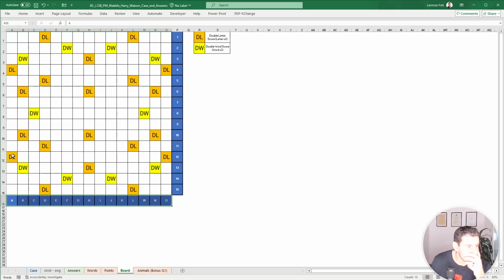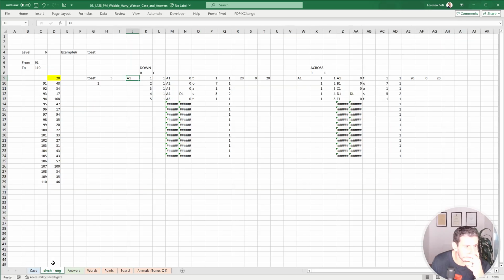Okay, so it means that for a word of length 5, it can start at most in row 11 and at most in column K. So it means that this might be this, and it might be, mm, 16 by 16, 15 by 15.